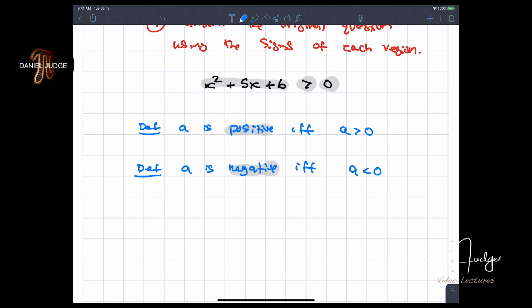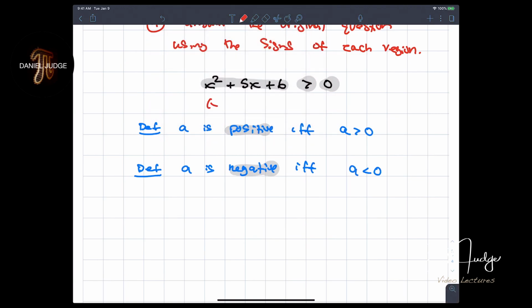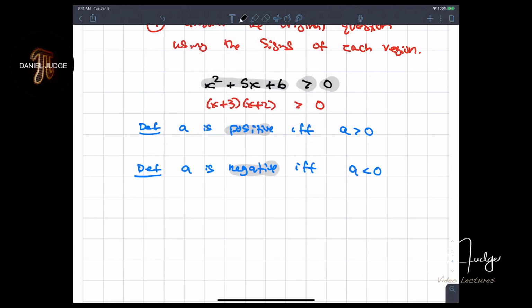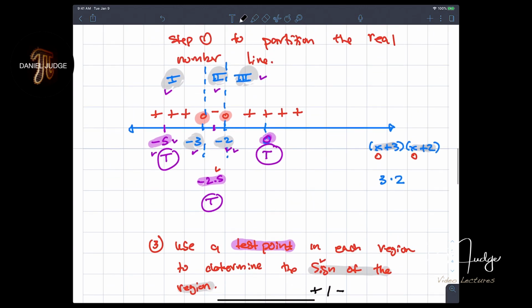So since we factored, let's go back over here. x plus 3, x plus 2 is greater than 0. Since we factored, ladies and gentlemen, what the original question really is saying here is, where is this product greater than or equal to 0? So I'm really going to say to you, what does this mean?